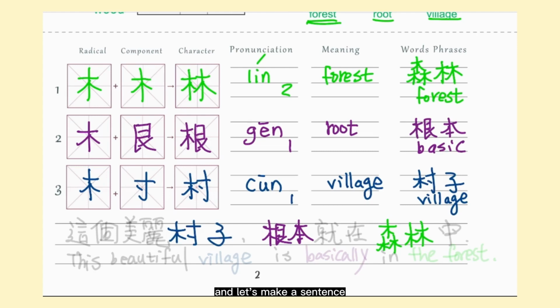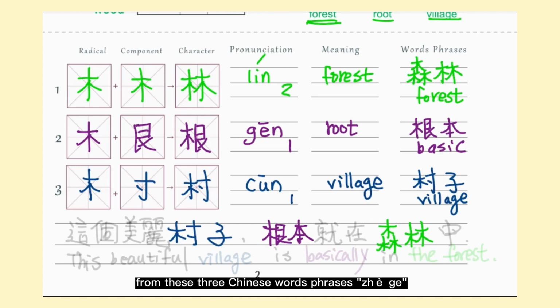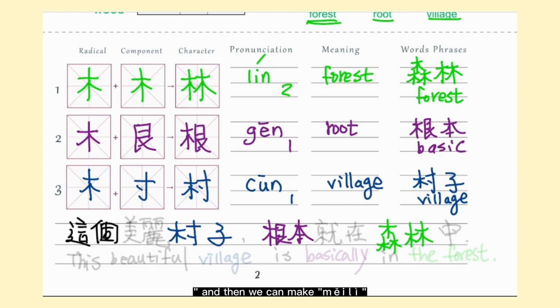And let's make a sentence from these 3 Chinese words phrases. 这个. And then we can make 美丽. 这个美丽村子根本就在森林中.